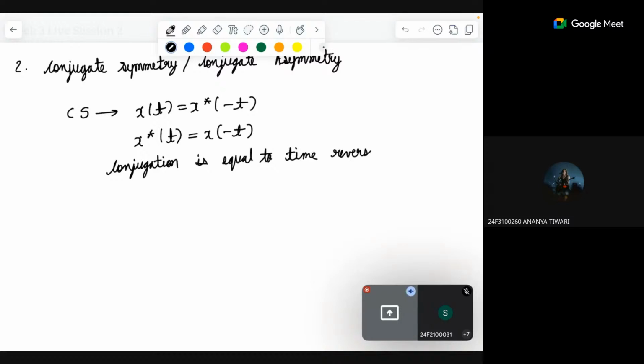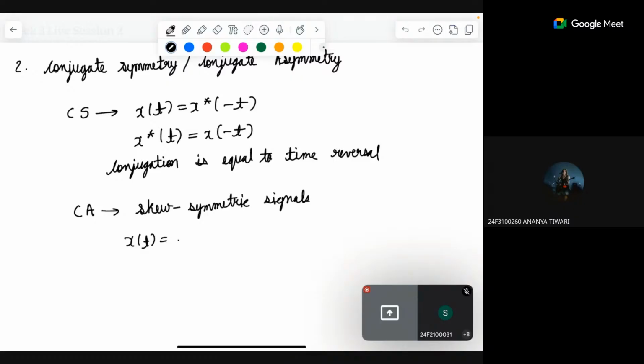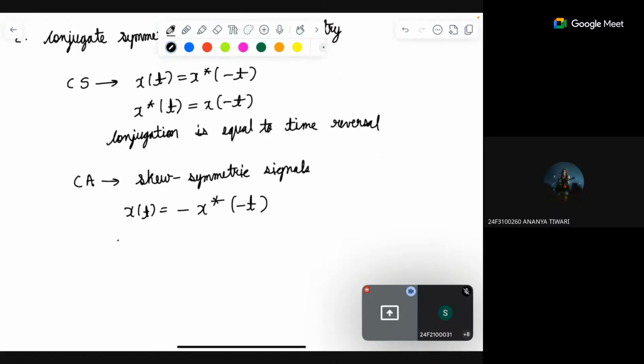And when we talk about conjugate asymmetric signals, or skew symmetric signals, that is another name for them. For them, x of t is equal to minus x star of minus t, or we can write x star of t is equal to minus x of minus t.